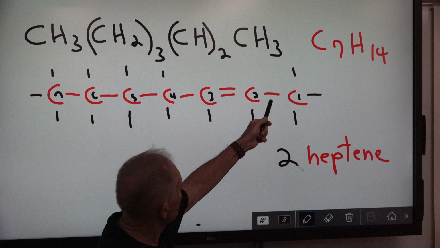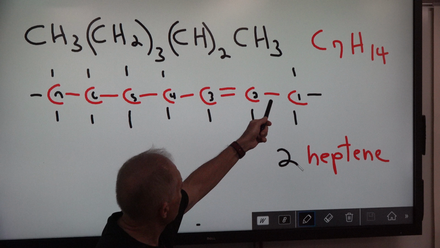But that's not all you have to do to name it. If you just told a person, draw heptene, they wouldn't know where to put the double bond. So, rule: whatever end the double bond is closest to, you have to number it that way. This double bond is closest to that end, so we have to number this thing that way.